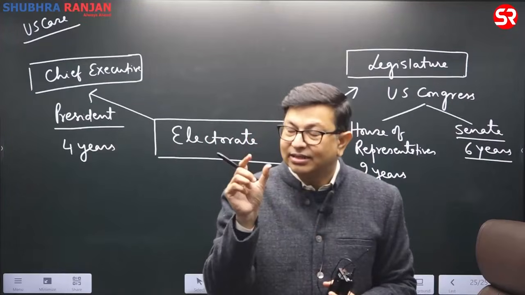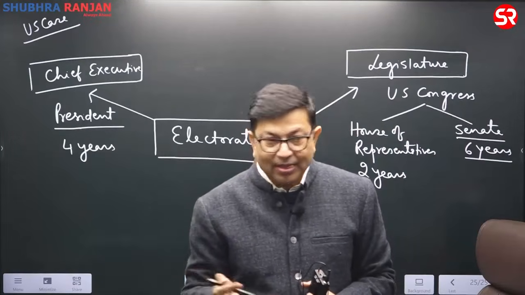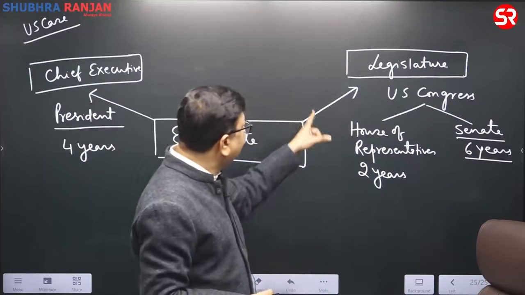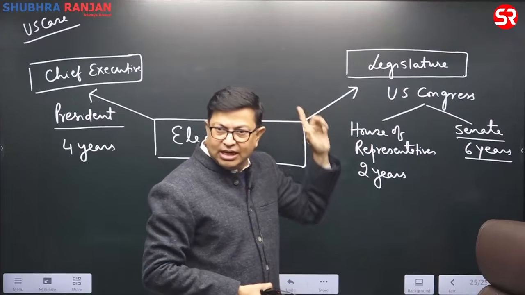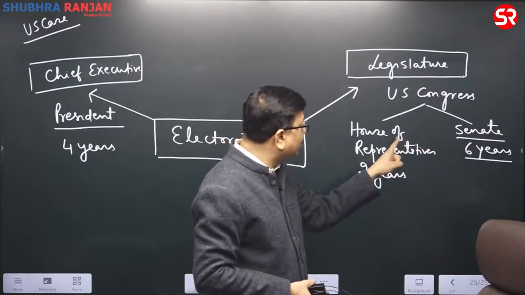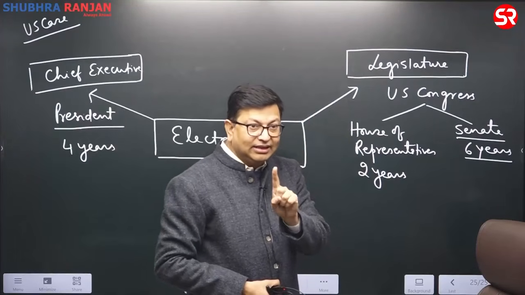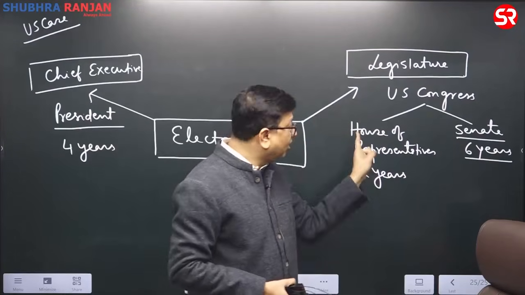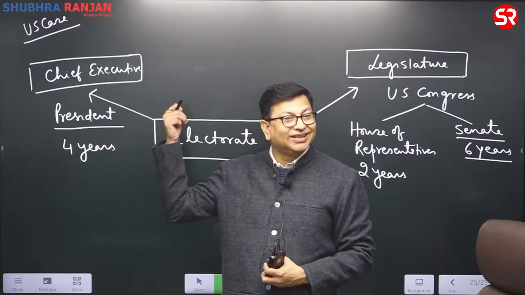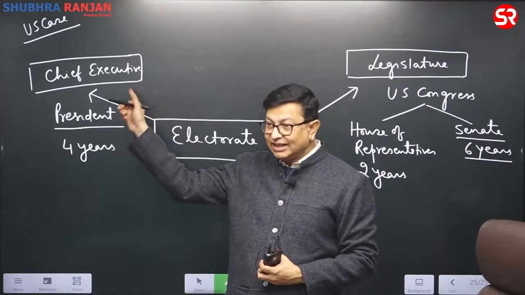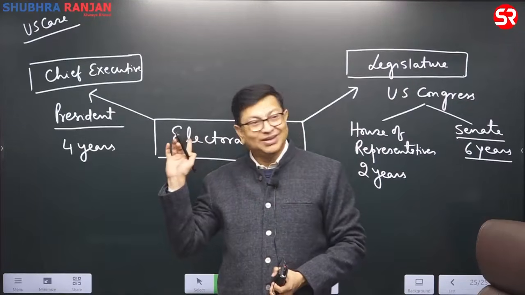They are termed as secretaries. So in America, the ministers are termed as secretaries, and the secretaries must not be the members of the legislature. They cannot. If a member of the Senate or House of Representatives is appointed as a secretary, then he will resign from the House and then he will take oath as the secretary. You cannot be a member of the executive as well as the legislature at the same point of time.